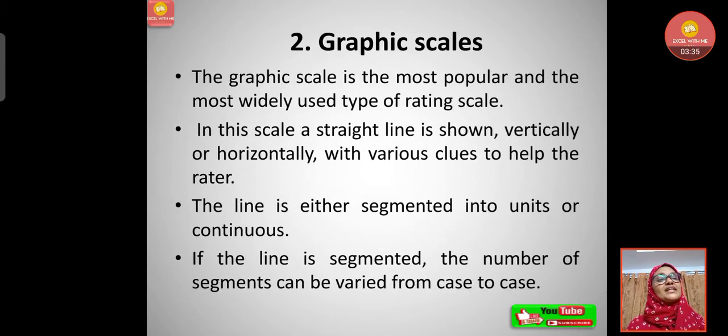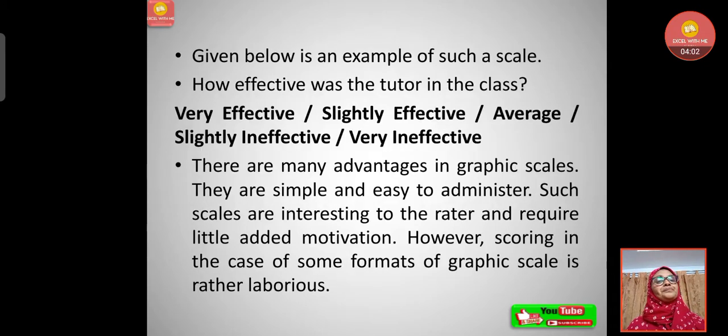The second one is graphic scales. The graphic scale is the most popular and the most widely used type of rating scale. In this scale, a straight line is shown, vertical or horizontal maybe, with various clues to help the rater. The line is either segmented into units or continuous. If the line is segmented, the number of segments can vary from one case to the other.